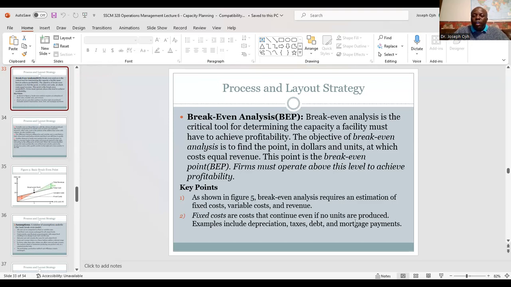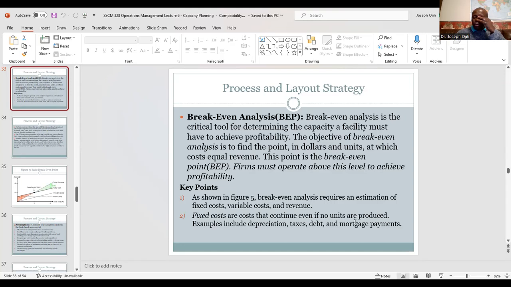So the goal of break-even point analysis, therefore, is to find that point, which can be in dollars or in units, at which cost equals revenue. That point is the break-even point. And the firms or organizations that operate above that level will start achieving profit.